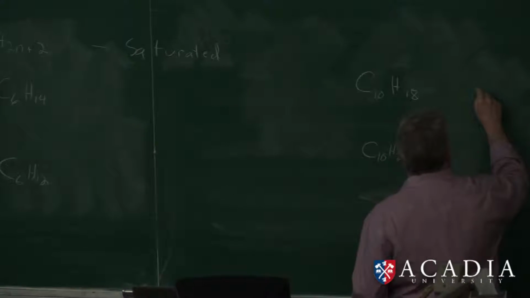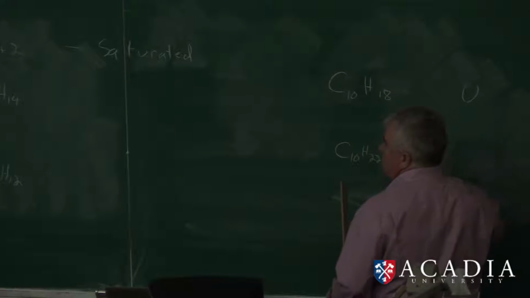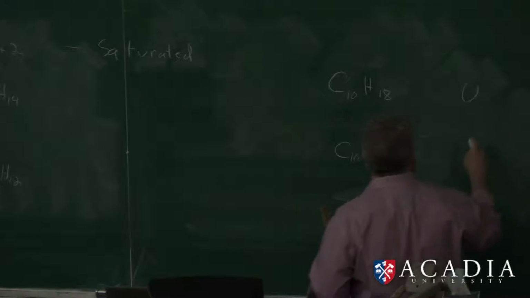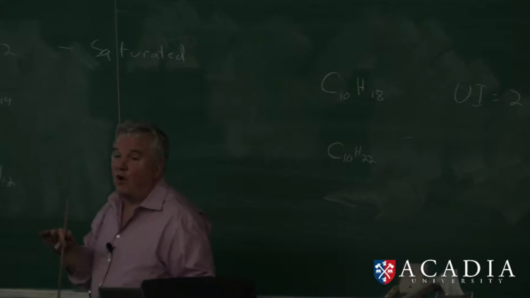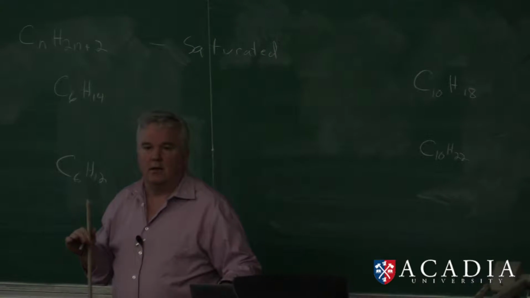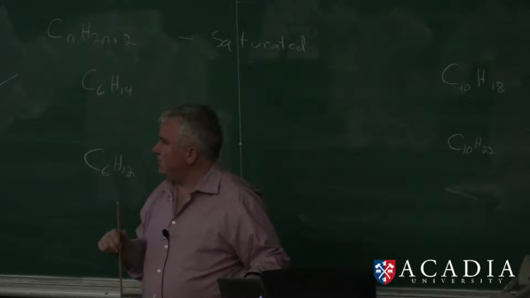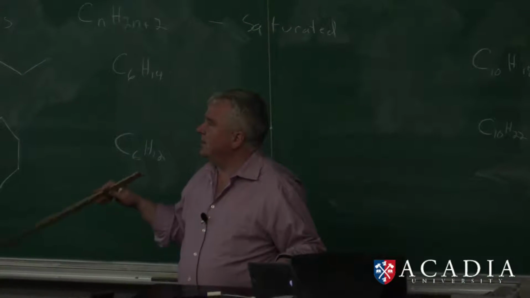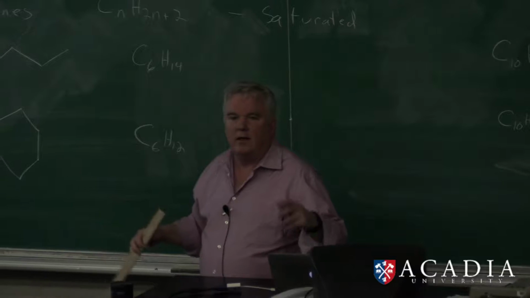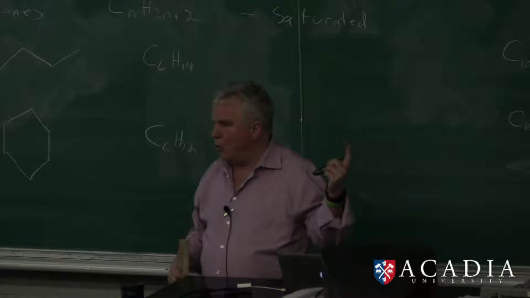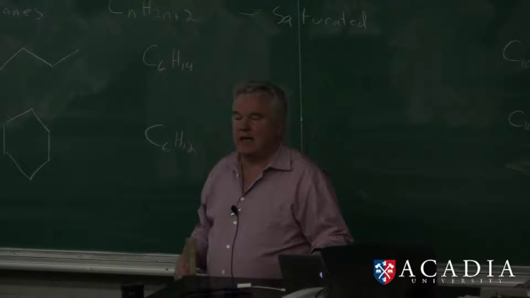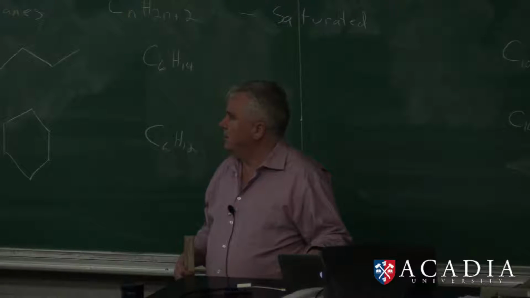So we say this has an unsaturation index of 2. It's missing 4 hydrogens, but a double bond accounts for an unsaturation index of 1. Every 2 hydrogens accounts for an unsaturation index of 1. So if we're missing 4, the unsaturation index will be 2.